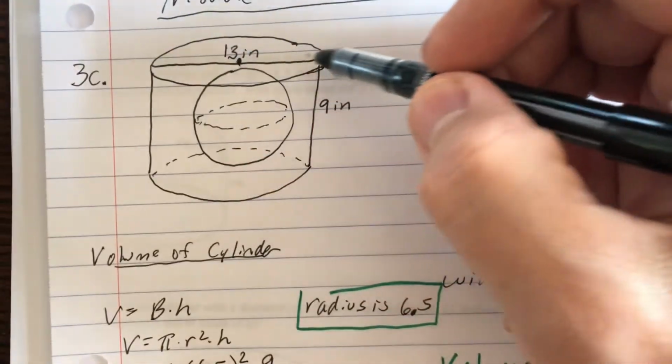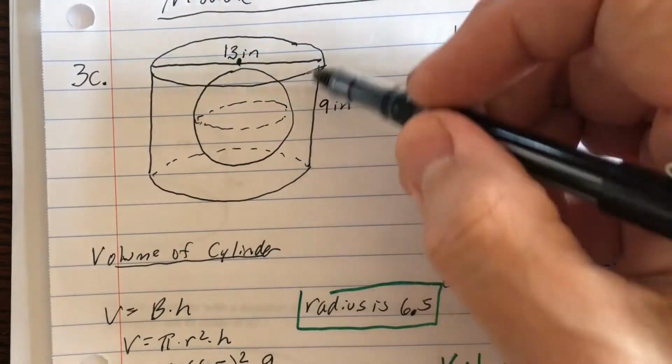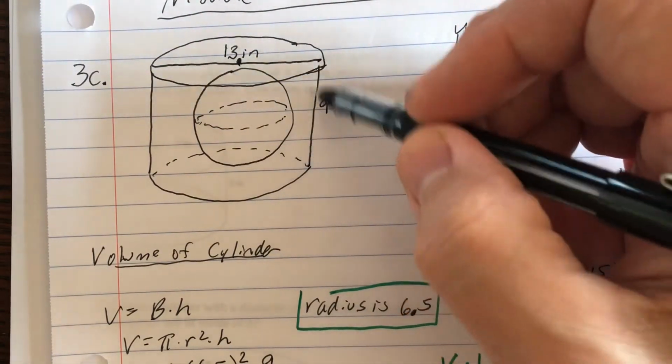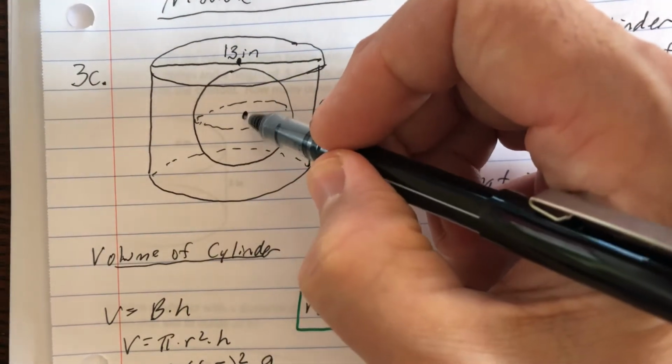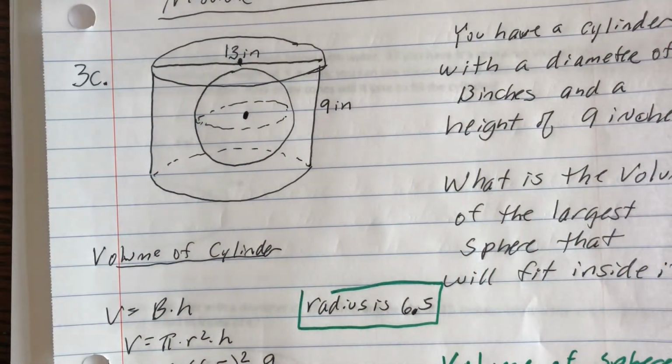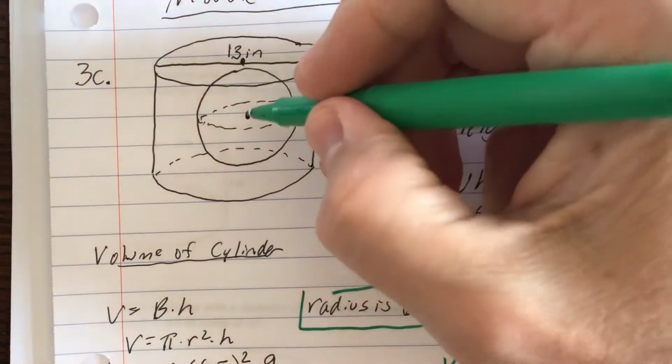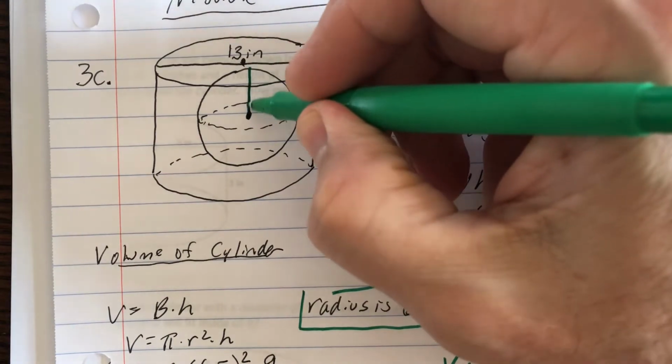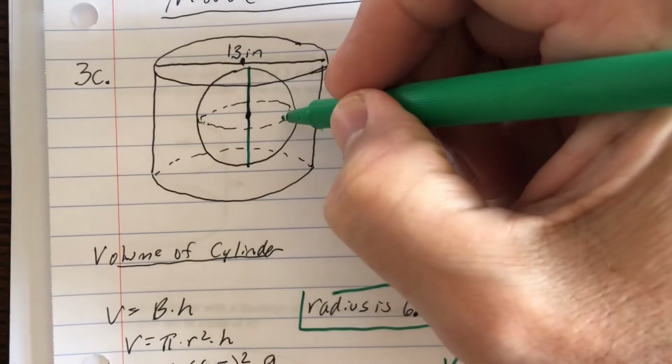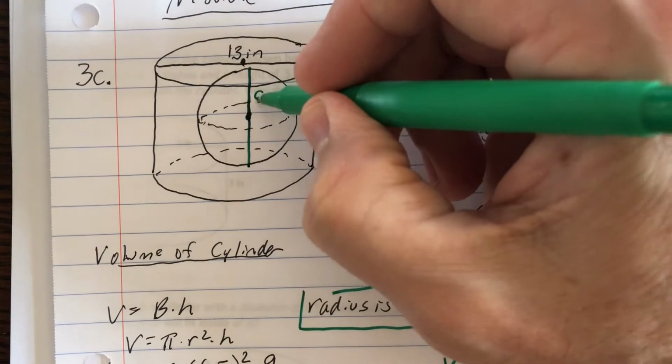When you look at the diameter of the cylinder, it's 13. So on the sphere, if the height is 9, that means the diameter of the sphere is 9. That's this line, that's 9.